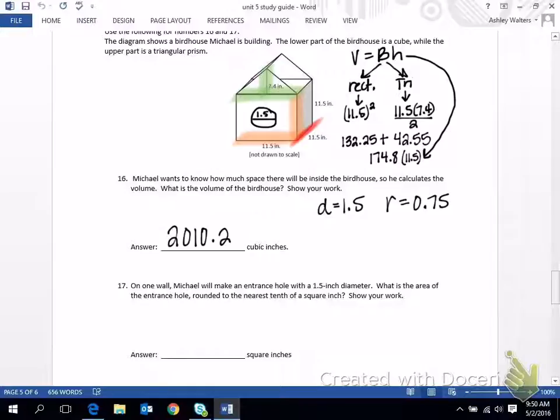And if we're going to find area of a circle, then that is pi times the radius squared. We use a measure that is consistent for any person, regardless of the type of calculator that they have. So we'll have 3.14 times 0.75 squared. 0.75 squared is 0.5625.